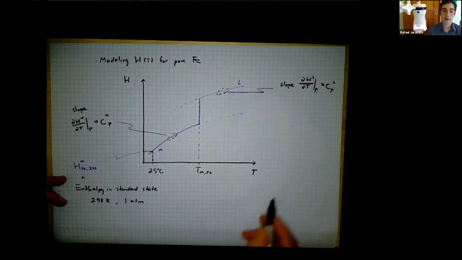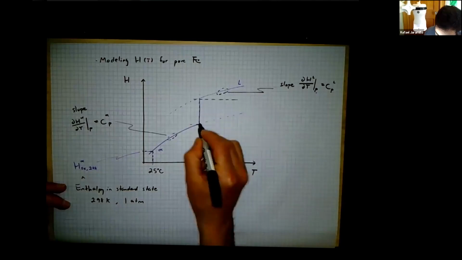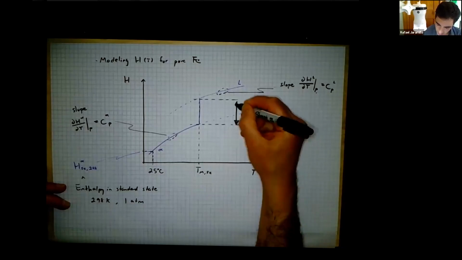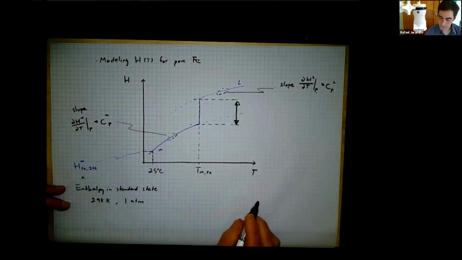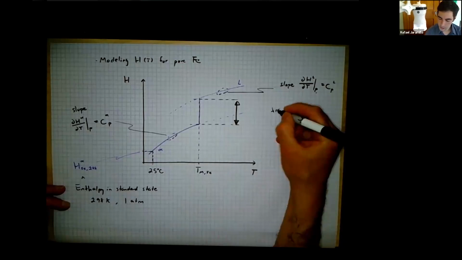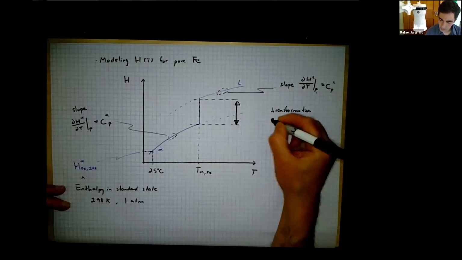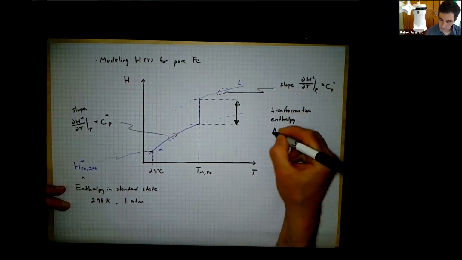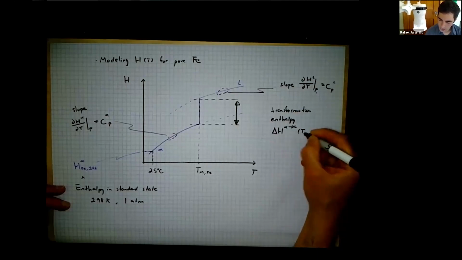That's that slope. And we have the transformation quantity. So that jump in enthalpy is the transformation enthalpy, delta H alpha to liquid at the melting point.